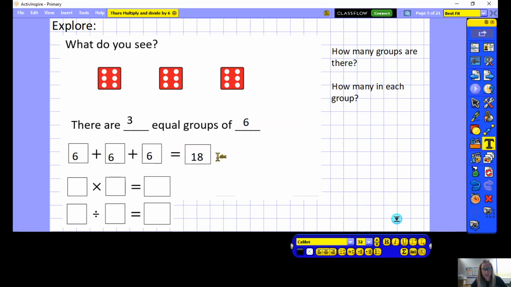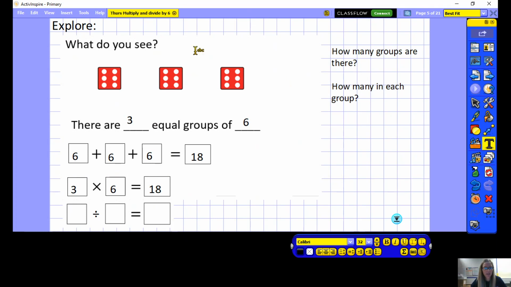So to write that as a multiplication, I would write 3 times 6, because there's 3 lots of 6, equals 18. Okay, I wonder how I would write that as a division.